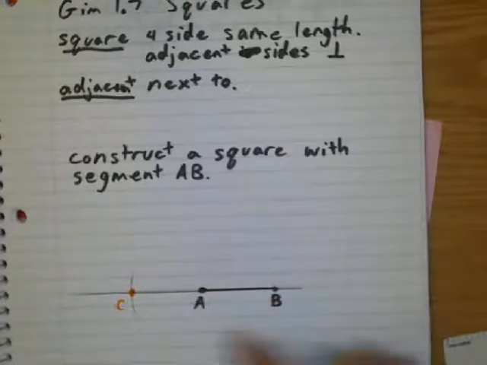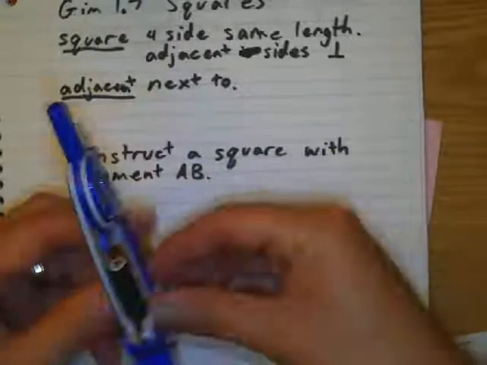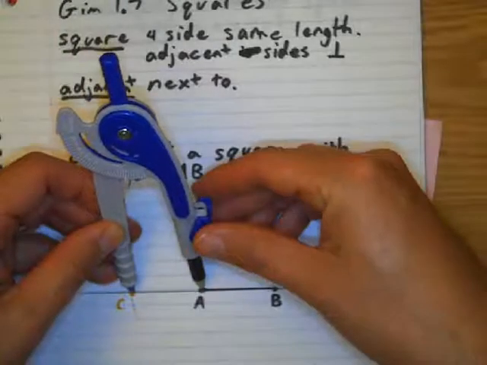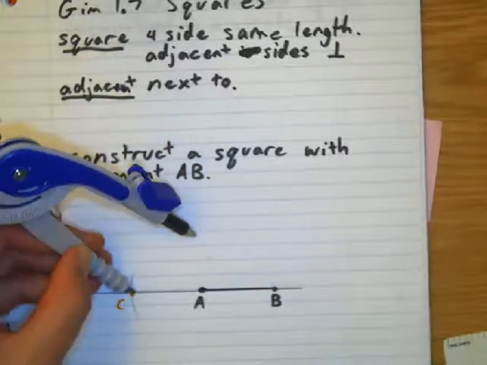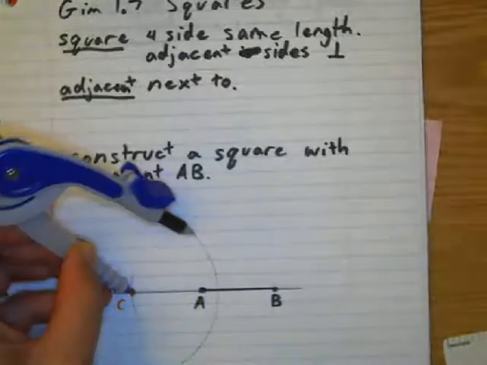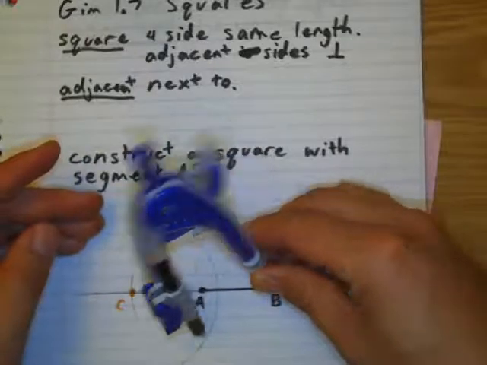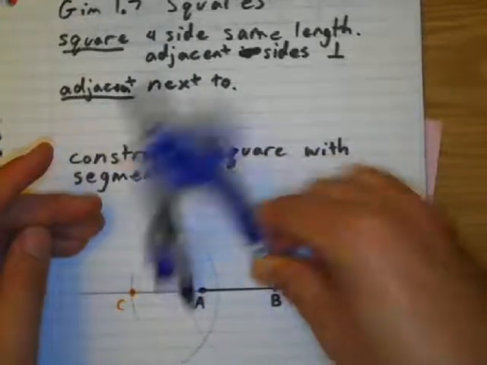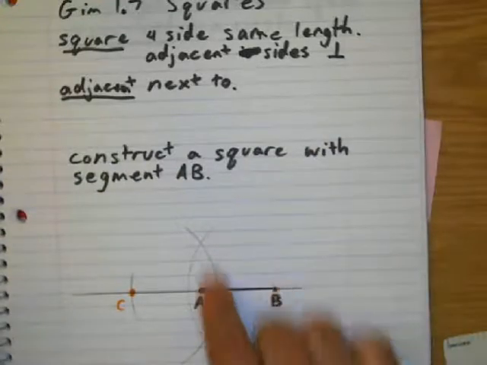Now I'm going to make a perpendicular line. So I need to make the radius a little bit bigger. So I've adjusted this, because I want a perpendicular bisector through A. So I'll go here. We're trying to make an adjacent side to AB that's perpendicular.